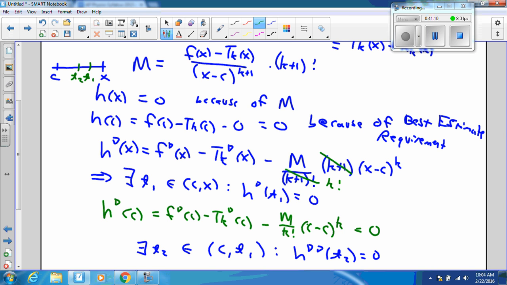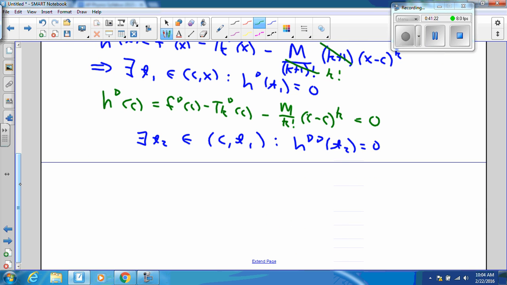So what I did was I found a t2 somewhere in here, so that h double prime is equal to 0. Wow! I've got a value for which h double prime is equal to 0. And I'll bet you can tell that there's going to be another one, and it's going to be right at c. Let's find h double prime of x first.